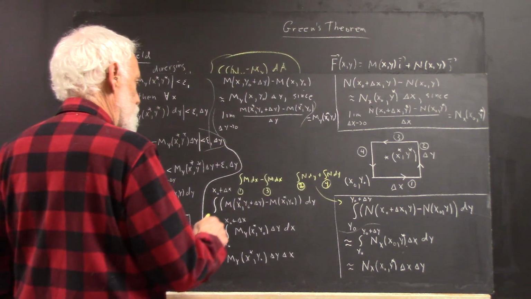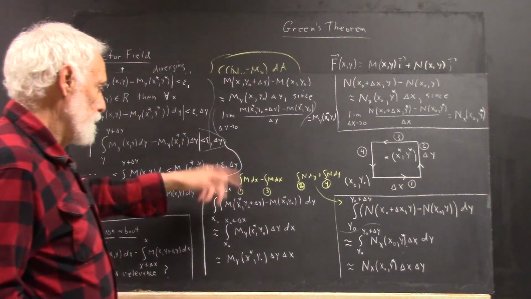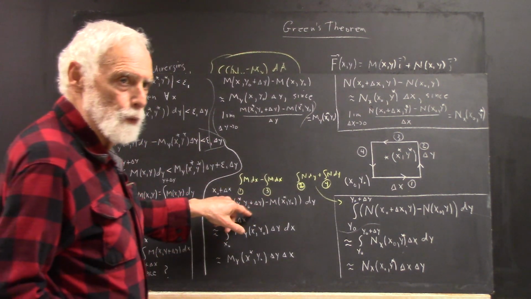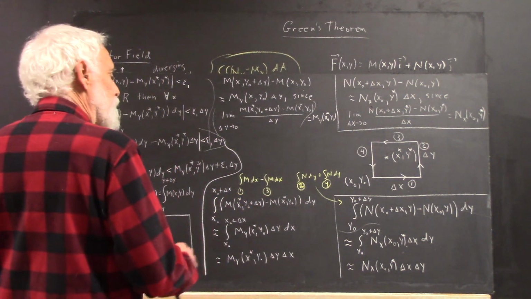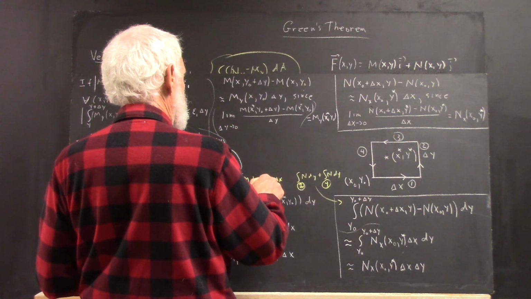And actually I've got it wrong. It's the integral over part 3 minus the integral over part 1, because part 3 is where y is equal to y naught plus delta y. So I've got the sign wrong, so I can say it's a negative. Okay, it's this.